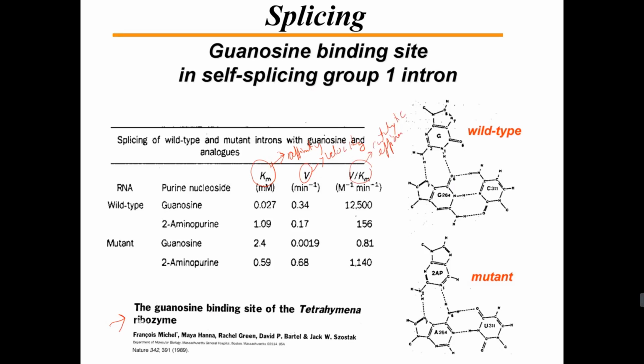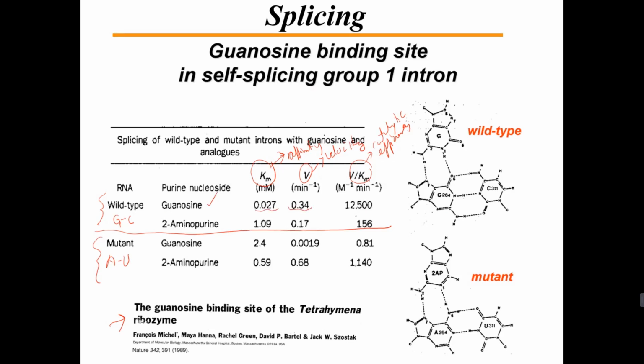Okay, and what we have in this table, if we were to create a table, is basically the wild type, so the normal Watson-Crick GC base pair, and then the mutant that was created using AU as the Watson-Crick base pair. And two conditions were carried out in these experiments. One where the wild type was supplied with guanosine cofactor, and we can look at the values for the Km and the velocity.